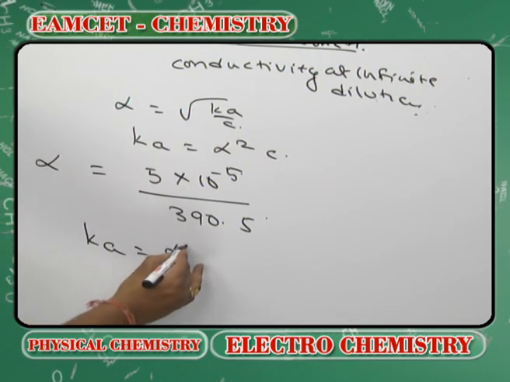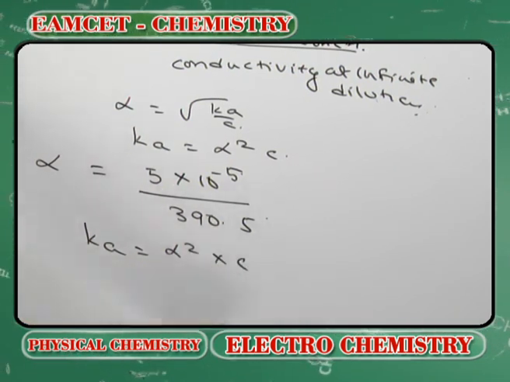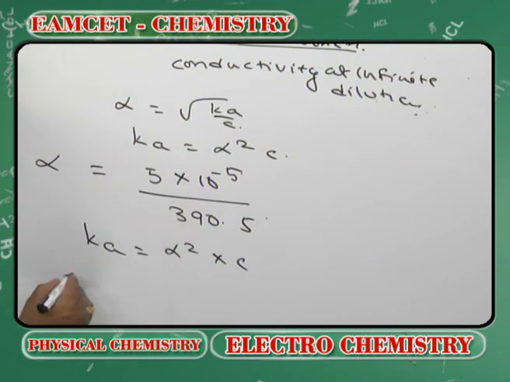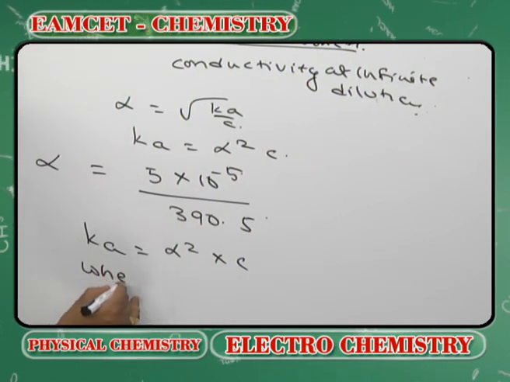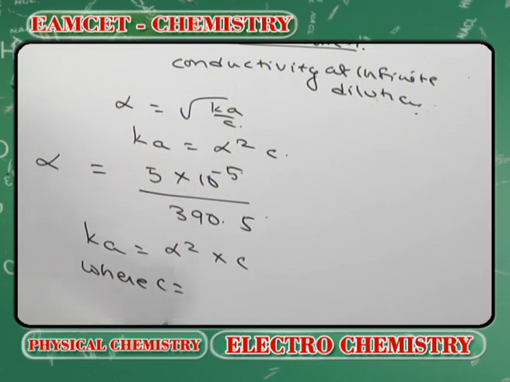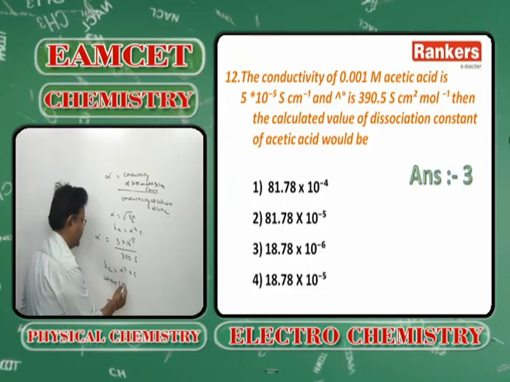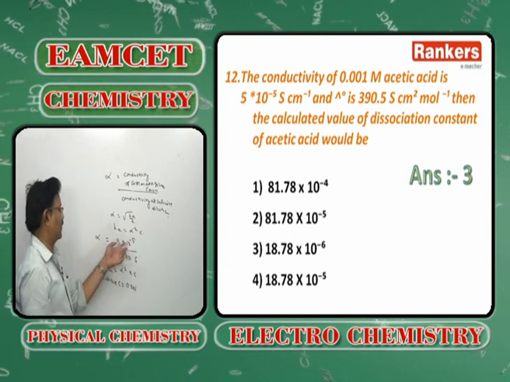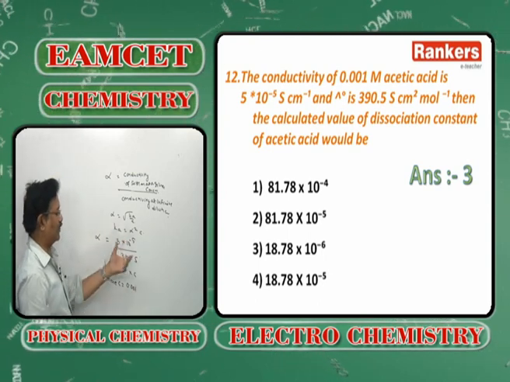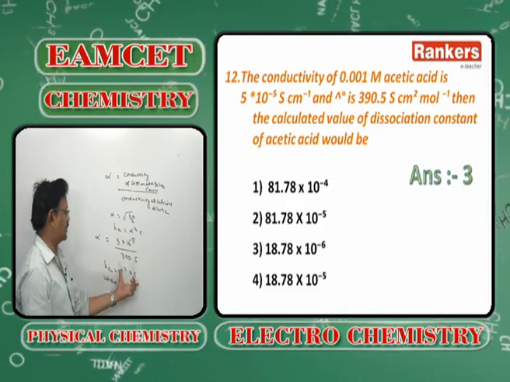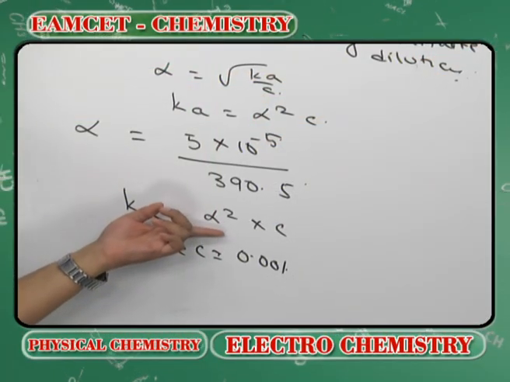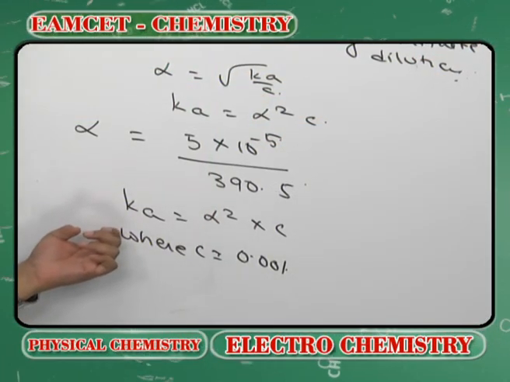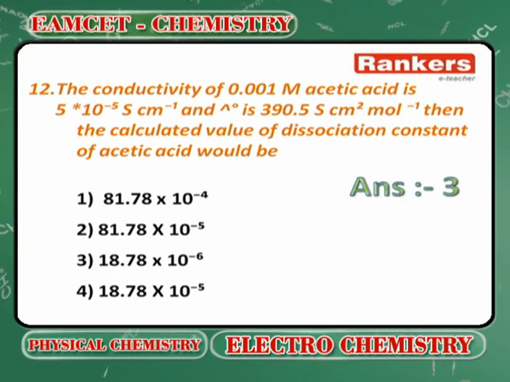Alpha square into C. What is the C value? 0.001. So find the alpha value from this expression and substitute the alpha value in this expression to get the Ka value. Option 3 will be the answer.